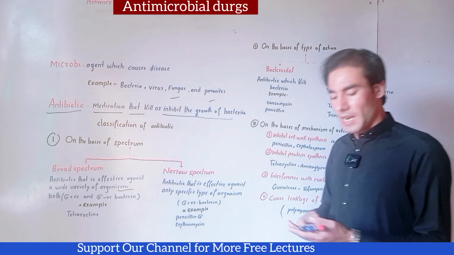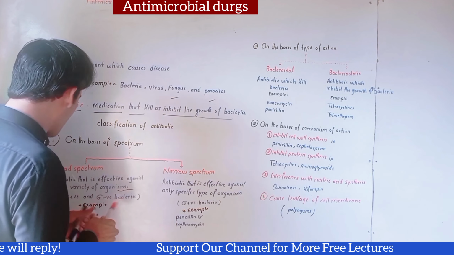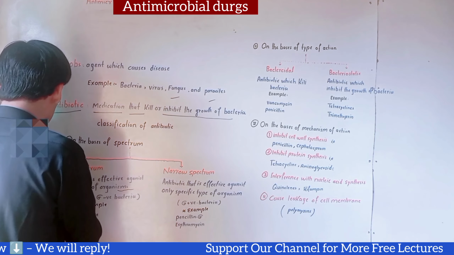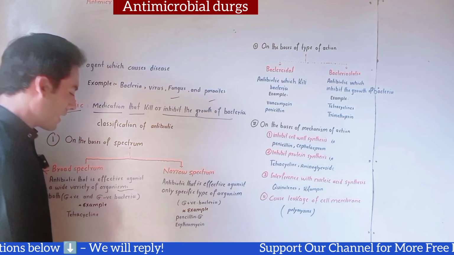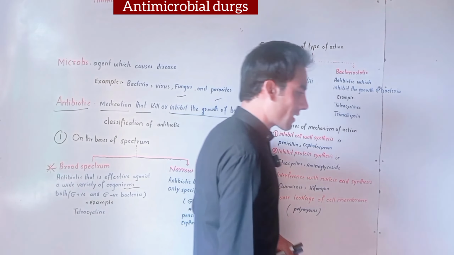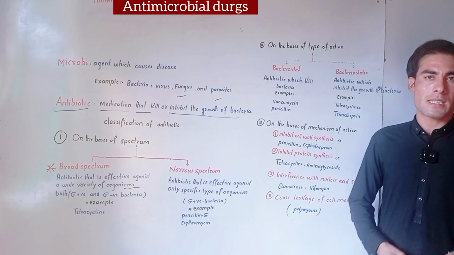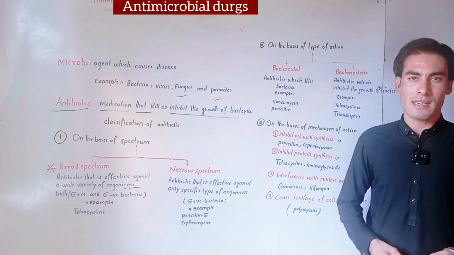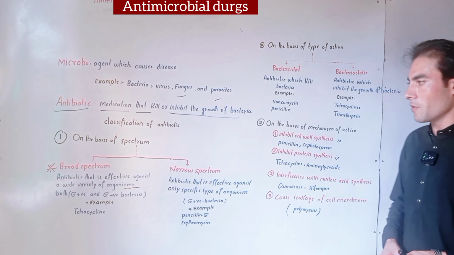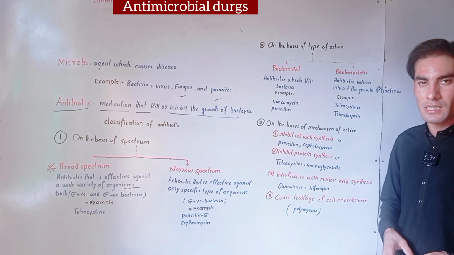So that's why sometimes after taking a broad spectrum antibiotic, you can get some side effects. One of the side effects is gastrointestinal tract disturbance, for example stomach ache, diarrhea, and constipation. That's why broad spectrum antibiotics should be used with a lot of precaution.